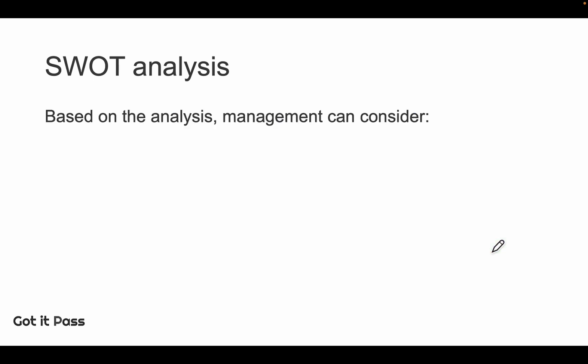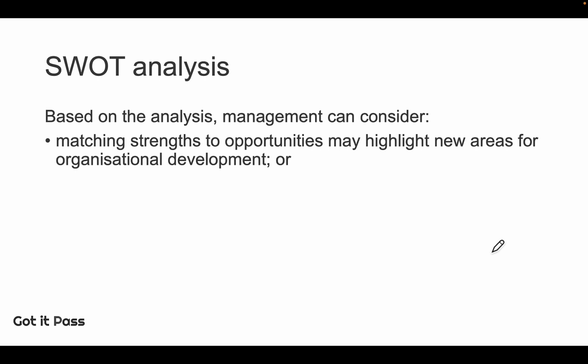So based on SWOT analysis, we have the strengths analysis, weaknesses analysis, opportunity analysis, and also threat analysis. The management need to consider two things. First, matching strengths to opportunities, because strengths are ours, and opportunities are outside our organization, they are external.